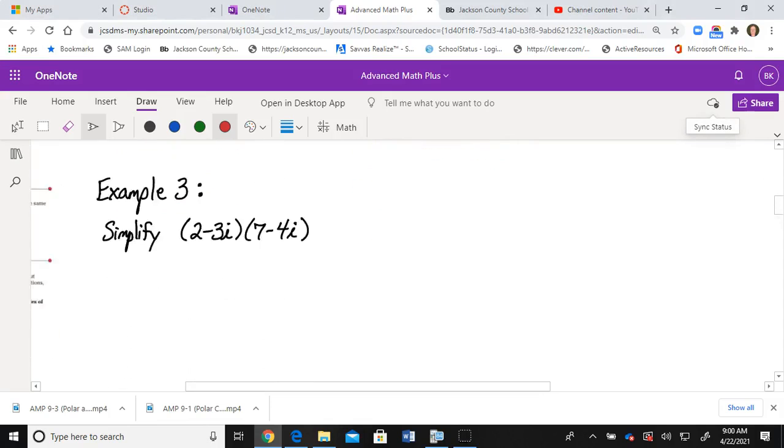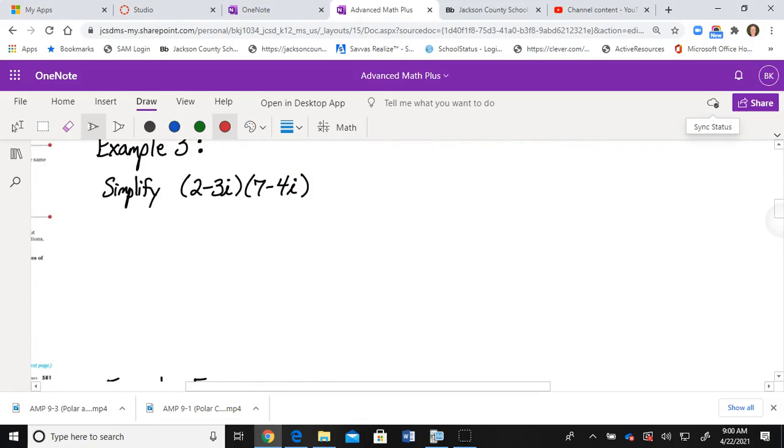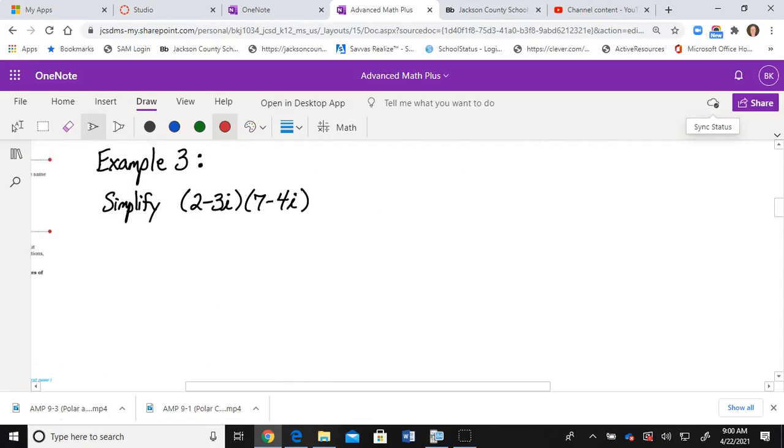Example 3. What are we doing with them now? We are multiplying. You do the same thing you always have done, okay? Whether your teacher taught it to you as distributing twice, or some people may have called it foiling, that's all you do.